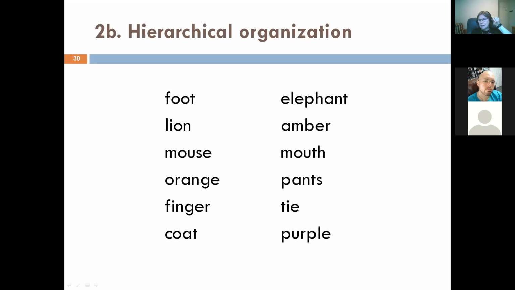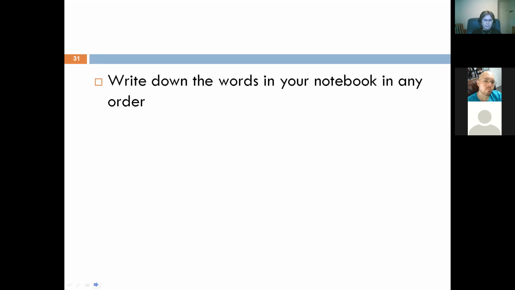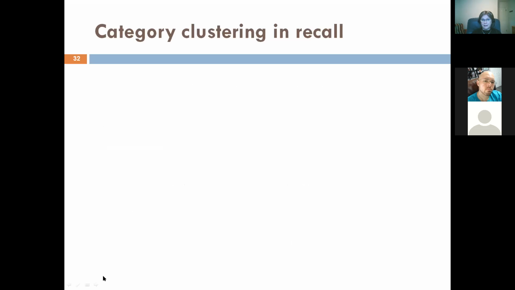That is, can I connect the names of these cranial nerves to something that I already know? So I'm not asking you to do that because we don't really have time for this, but grouping together, category clustering, is a very, very powerful principle that helps you remember information at the time of encoding.